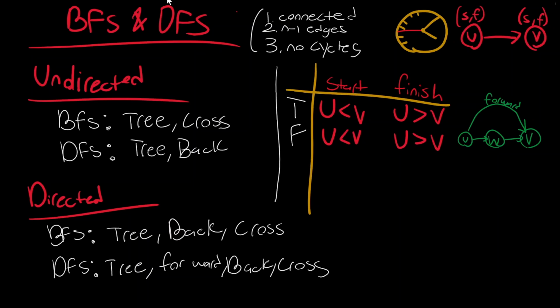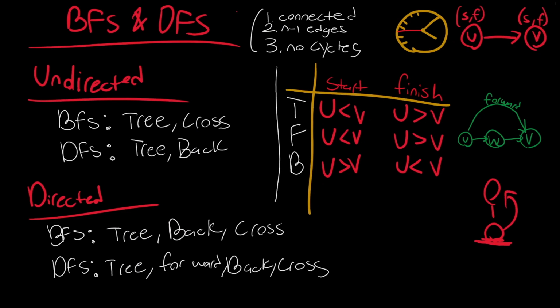And then we have our back edge, which would be U is greater than V as our start time. For us to go back in time, we have to have started later. And then that means that our finish time is going to be less than V's, because for us to go back, we have to wrap up things below before we go back.